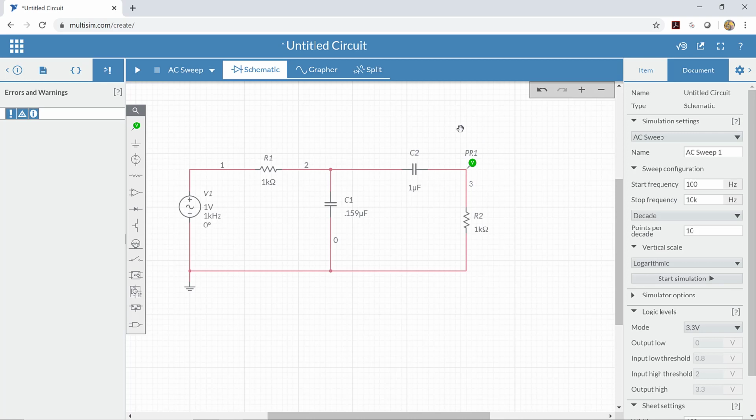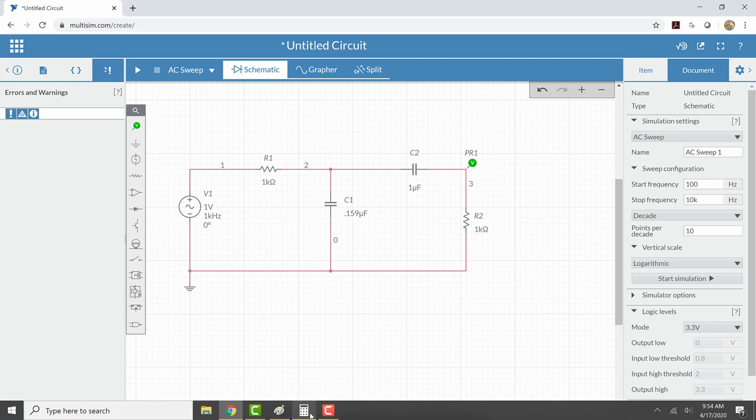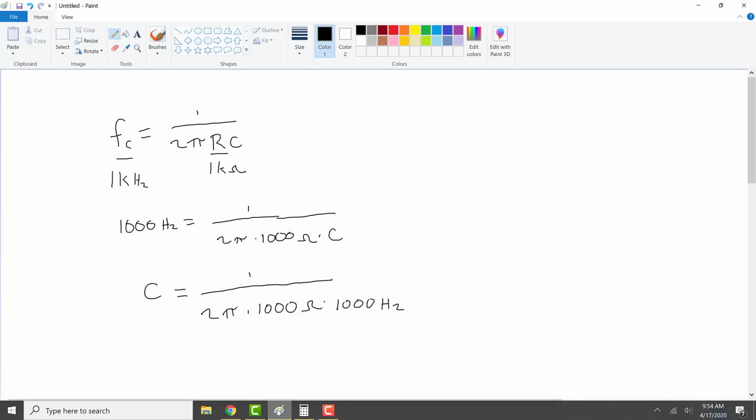All right, now we need to choose the values for this high pass filter so that it has a cutoff frequency at 100 hertz. So we're going to do essentially the same thing that we did before.